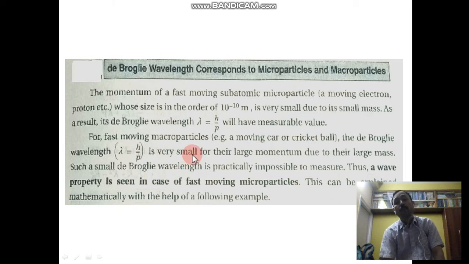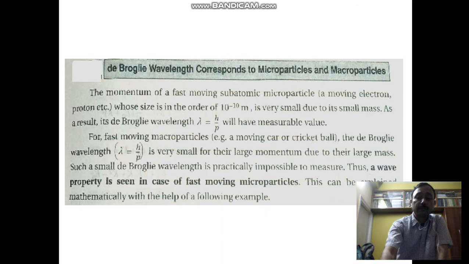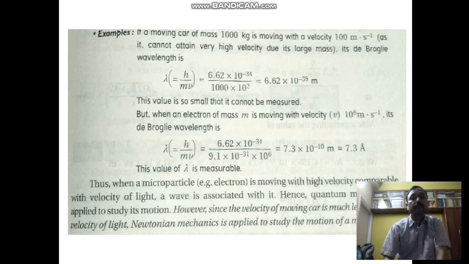For the large momentum due to the large mass, such a small de Broglie wavelength is practically impossible to measure. Thus, a wave property is seen in case of fast moving microparticles. This can be explained mathematically with the help of an example. Let us go to the example part.